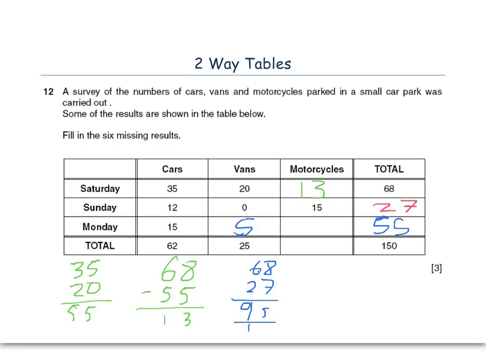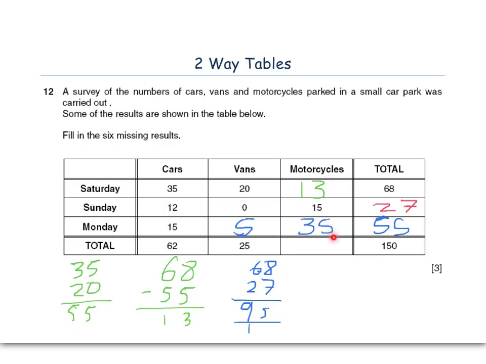So there's 55 vehicles on Monday, of which 15 were cars and 5 were vans, so that's 20, and we need to get up to 55. So 20 to 55 we need to add on 35, so there must have been 35 motorcycles.